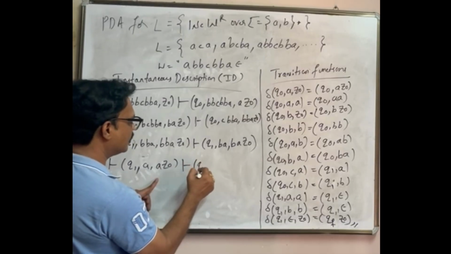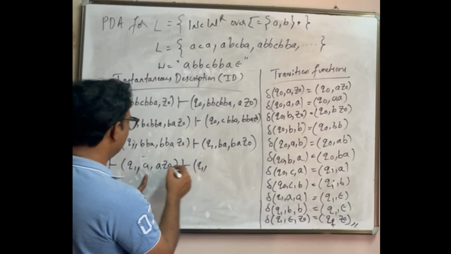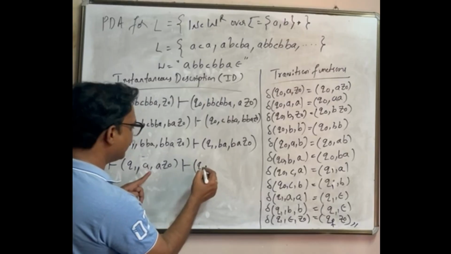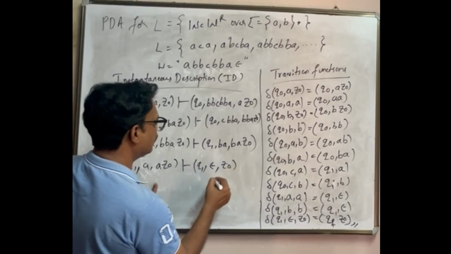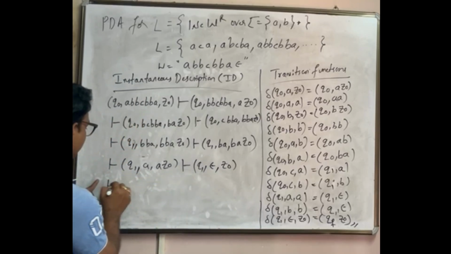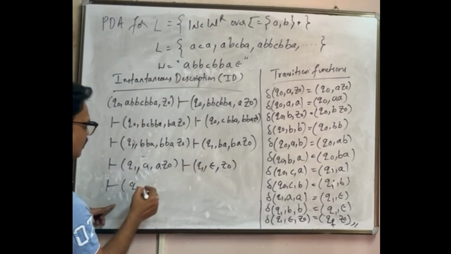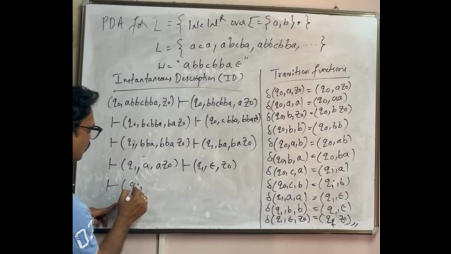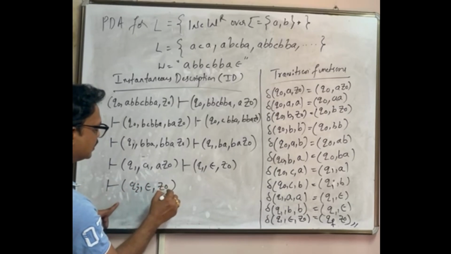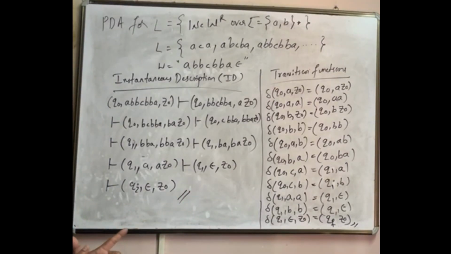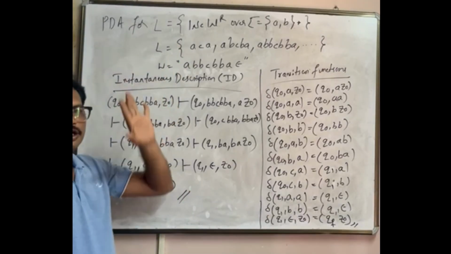Then from the same state Q1, it reads one more A, so it goes to epsilon, then Z0. Now from the same state, Q1, epsilon is read, it goes to Q2, and it does nothing. So this is the instantaneous description for the designed PDA.